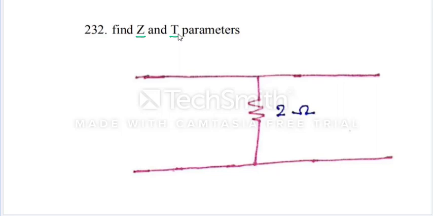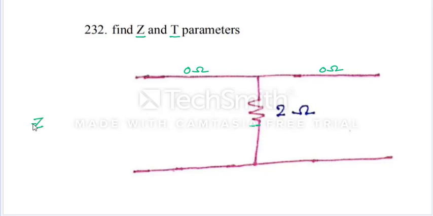The same thing here. First of all, we should visualize this, that Z parameters means we should treat this as a T network. T network means here we have only one element here. I can assume here we have one element having the 0 ohms, isn't it?